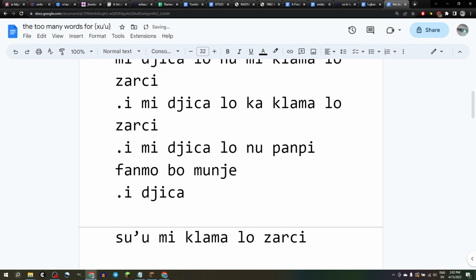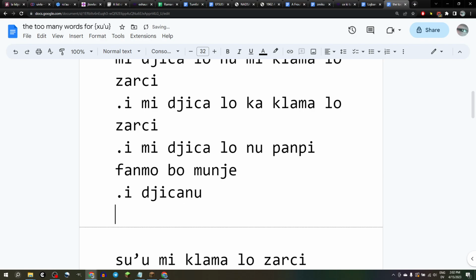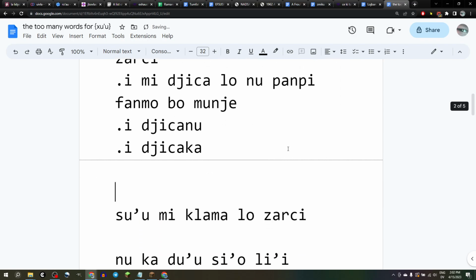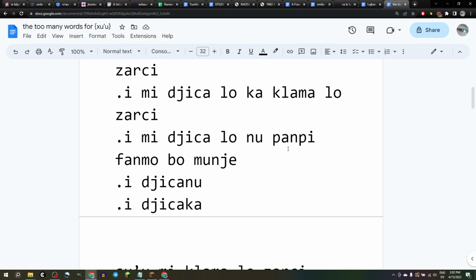So I made some words. These are not conversational words. They're words for thinking about the situation, and these are specific words. Jishanu is like mi jisha lonu.